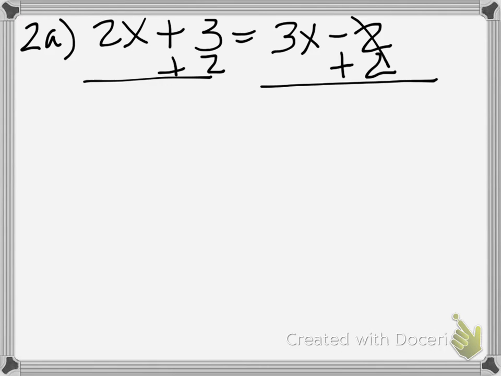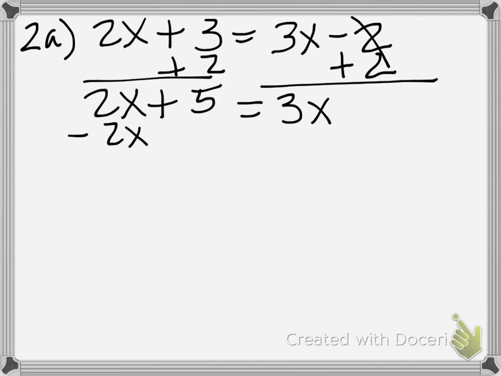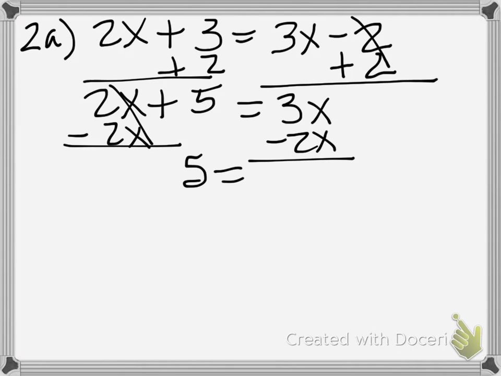It's going to cancel on the right, and that's going to leave 3x. This is going to be 2x plus 5 on the left. Now, I've got variables on both sides, so we're going to subtract the 2x.